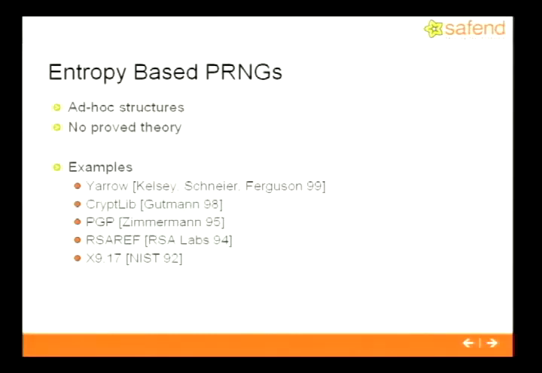There are others like Yarrow, RSA, and so on, but all of them are using some ad hoc structures. Take your data, mix it, hash it, use it to encrypt, use all sorts of tools, but no proof is provided whether this is secure or not.